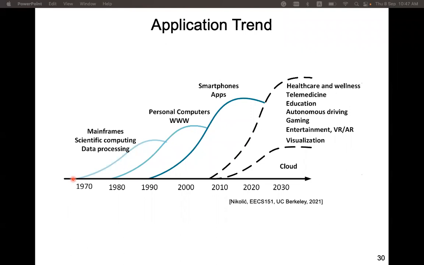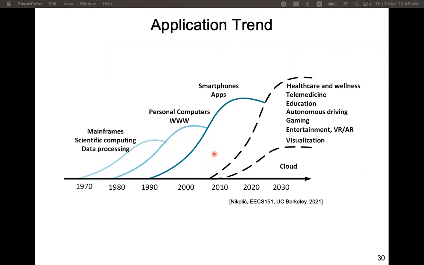Regarding the trend, this is the last slide about applications. From the 1970s to 1980s, mainframe, scientific computing and data processing were the major applications of digital circuits. Then in the 1990s, personal computers and the internet became the major applications.